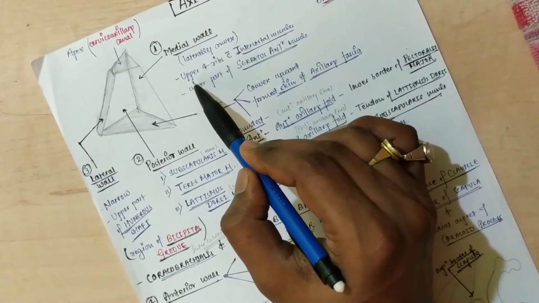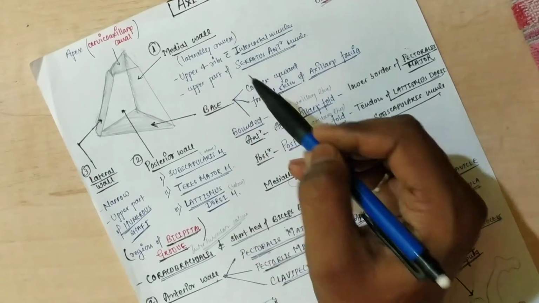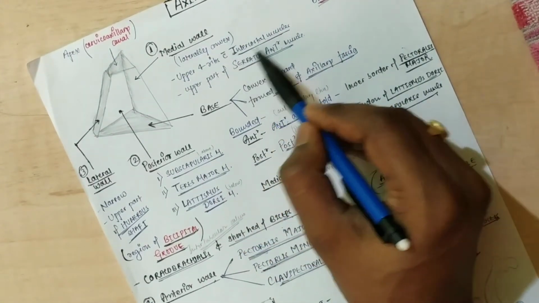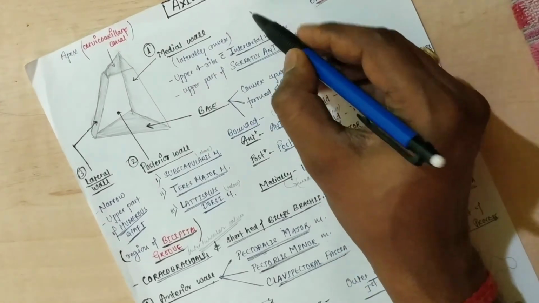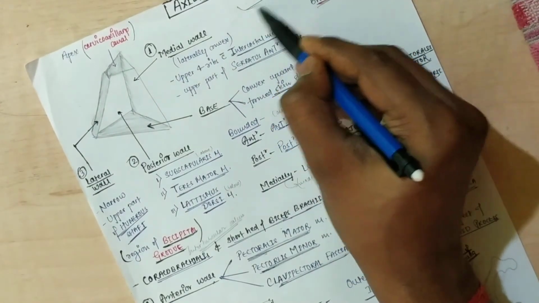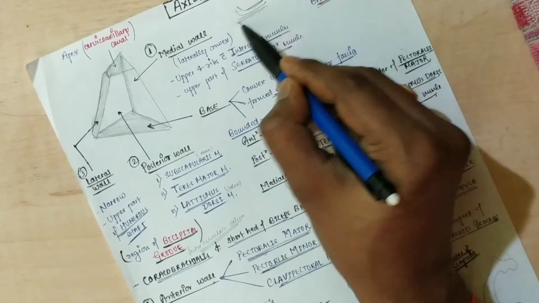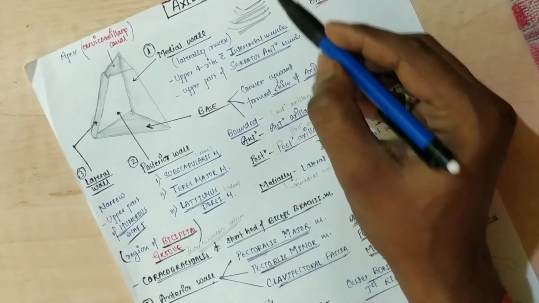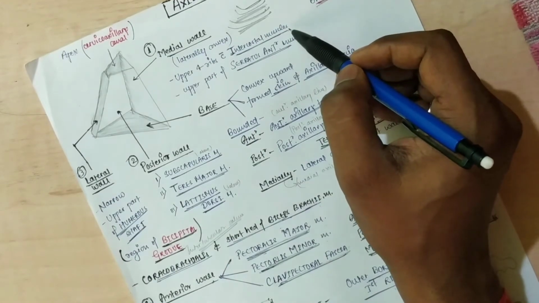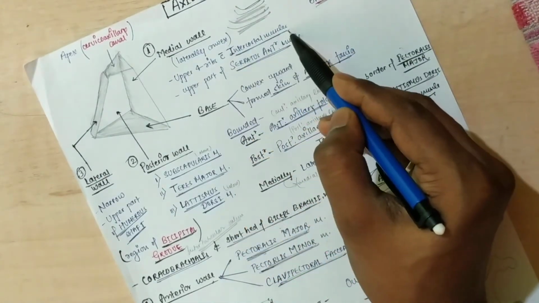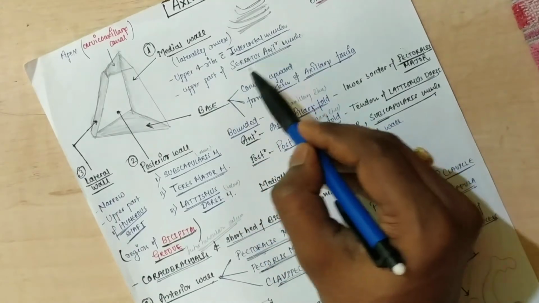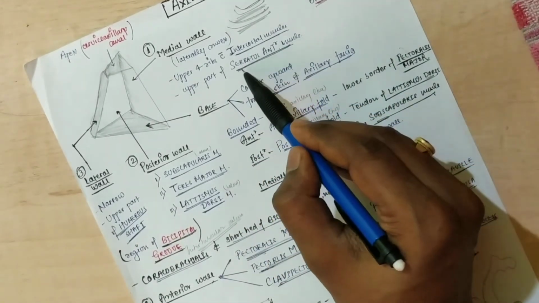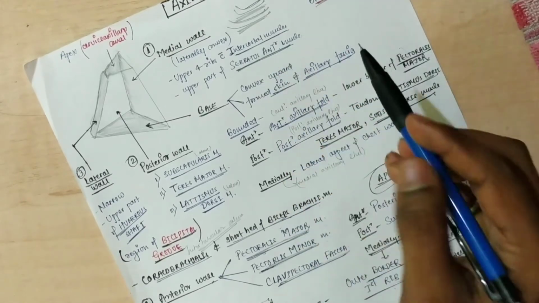It contains the upper four ribs, first, second, third, fourth, with intercostal muscles. This one is the first rib, then the muscles, then the second rib, and then muscles. That's why I have written here the upper four ribs with intercostal muscles and the upper part of the serratus anterior muscle. As we all know, the serratus anterior is present here.